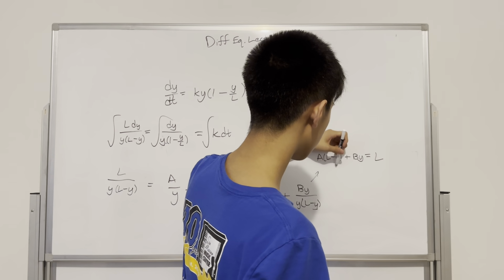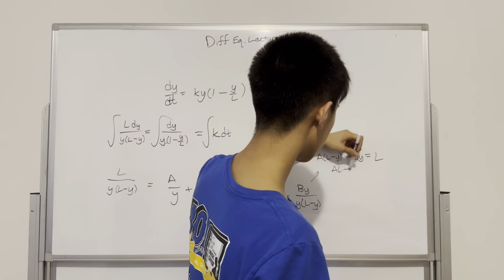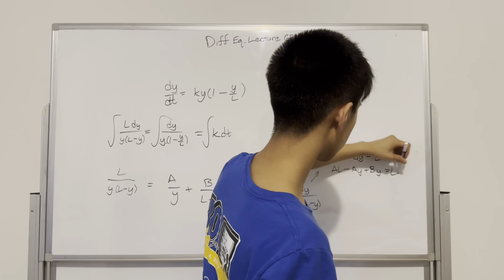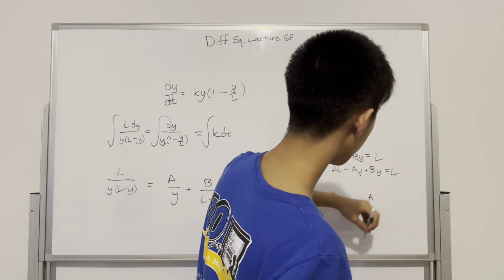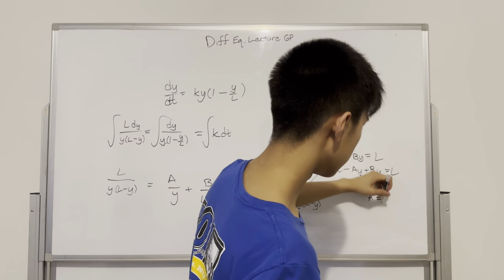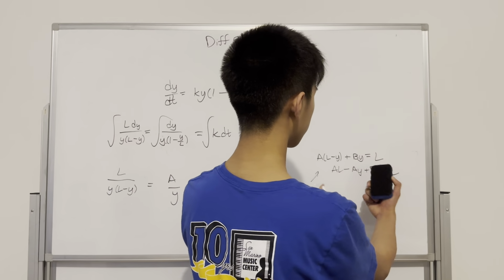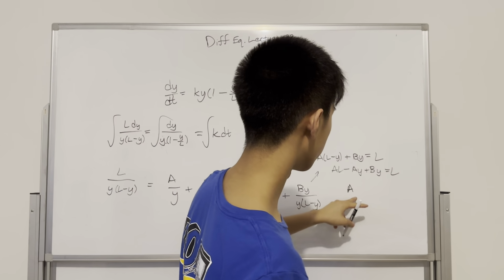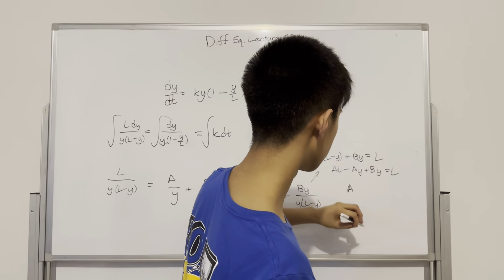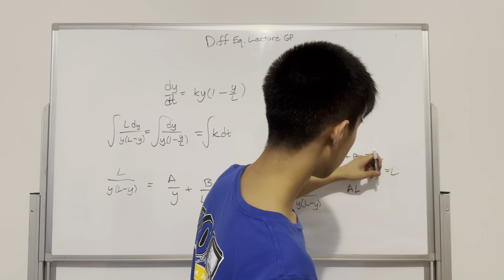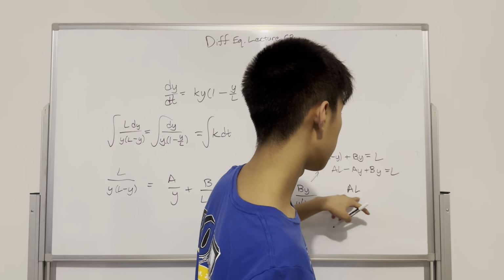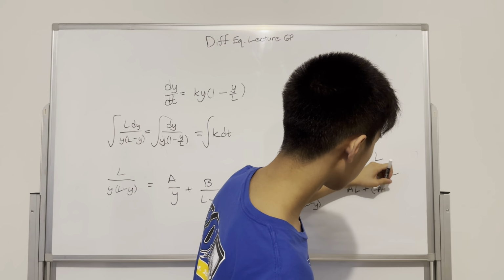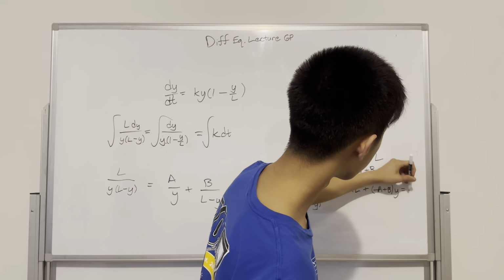So we have AL minus Ay plus By equals L. We basically have two sets of coefficients. We have the one for the constants, where we just have AL, and then we have (negative A plus B) times y equals L.